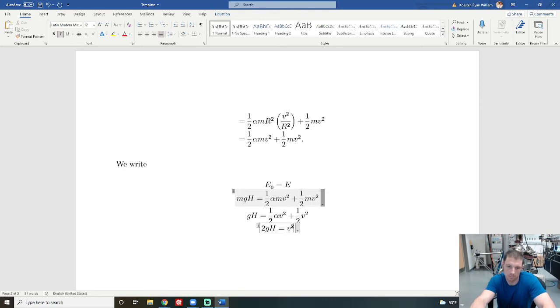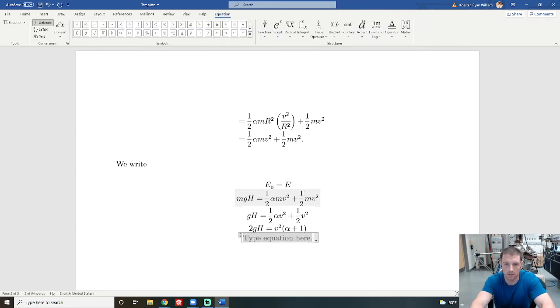But then we can just write that this is alpha plus 1. Multiply both sides by 2, factor out the v squared. So we finally find that v is going to be the square root of 2gh over alpha plus 1.